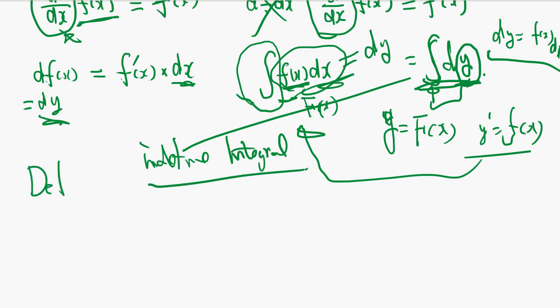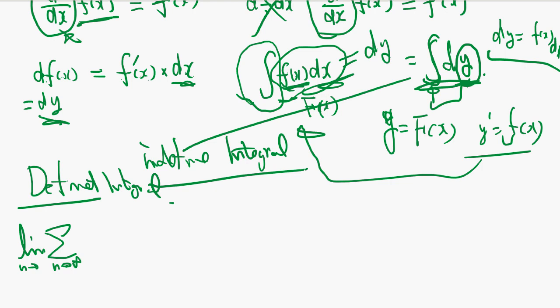And the definite integral, that one is n equals limit, some kind of function delta x, or some kind of quantity, divided by n, as n becomes infinity.